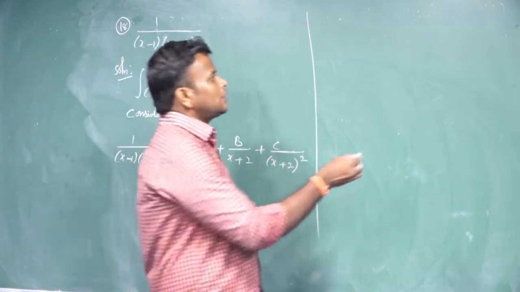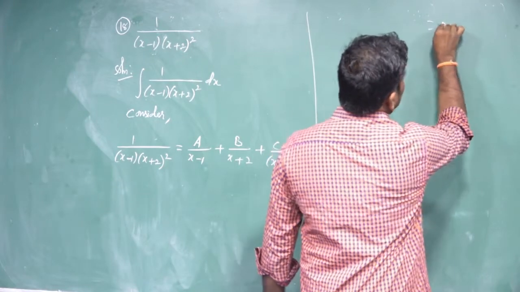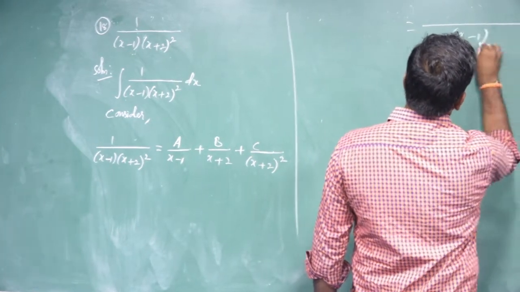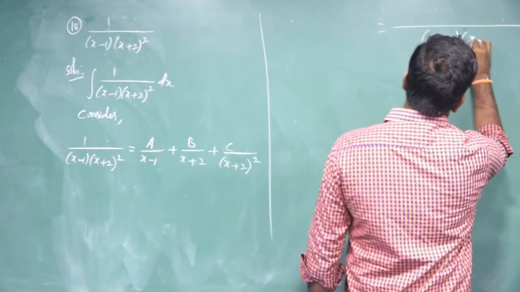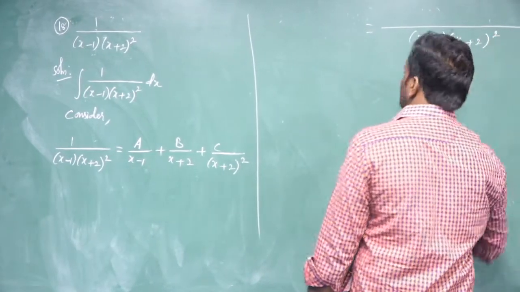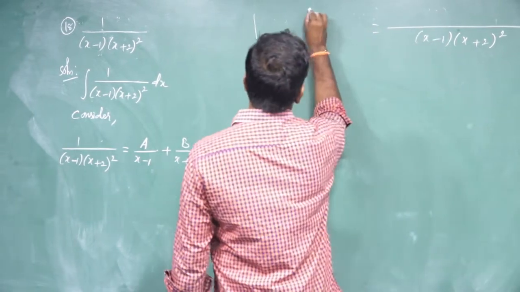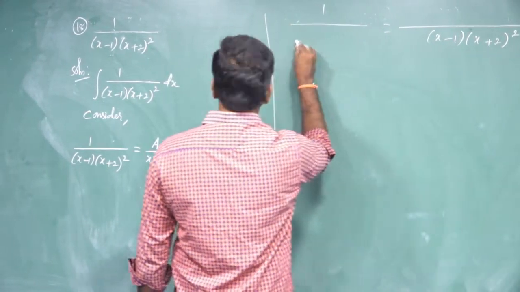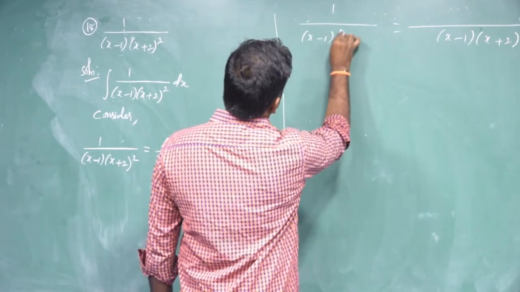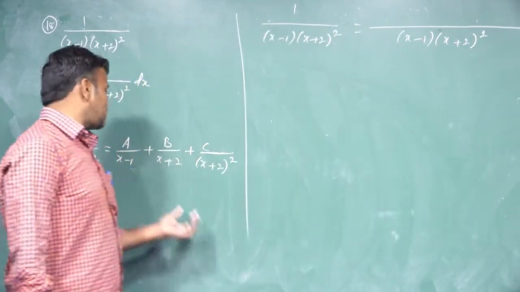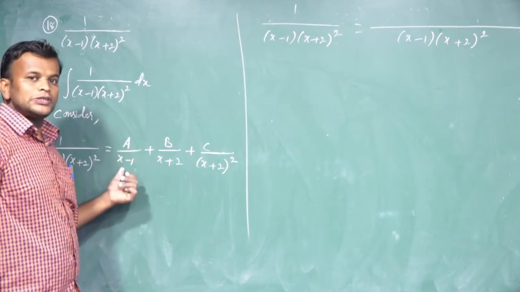So I will take the LCM, so whole divided by x minus 1 into x plus 2 the whole square. LHS is no change. We write as it is, LHS 1 divided by x minus 1 into x plus 2 the whole square. Now we see the first term a divided by x minus 1.